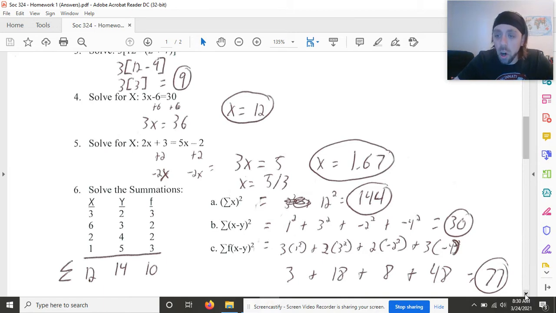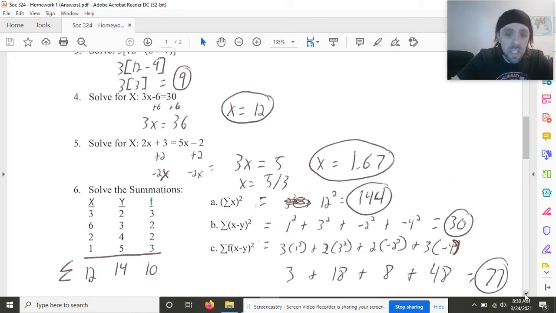The summation is always the last thing you do, except in the circumstances where parentheses are telling you to do it before something else. So 3 plus 6 plus 2 plus 1, well, 6 plus 3 is 9, plus 2 is 11, plus 1 is 12. So the summation of x is 12. You can see that at the bottom of the table. Squaring that gives me 144. So 6a is 144.